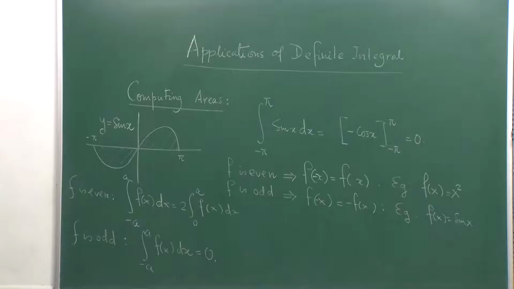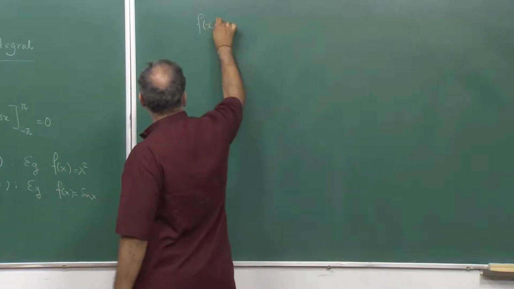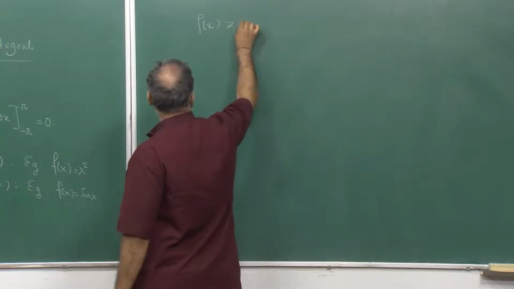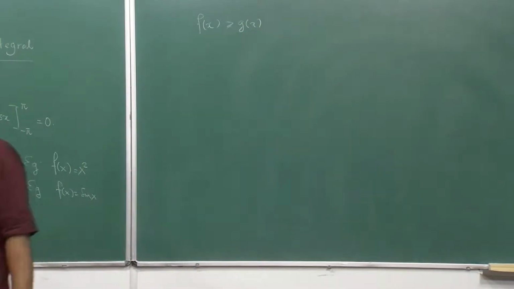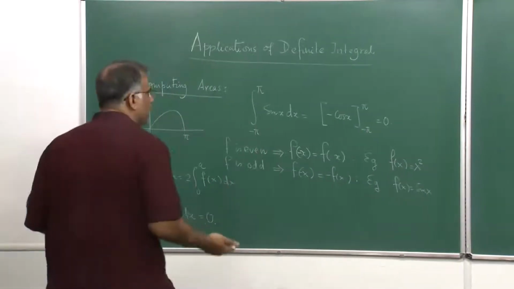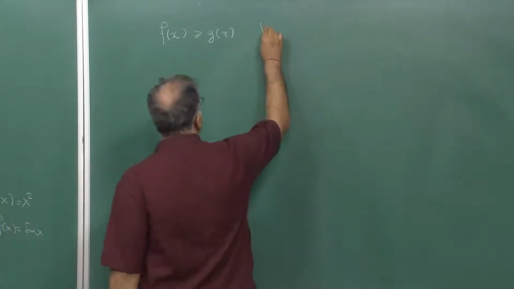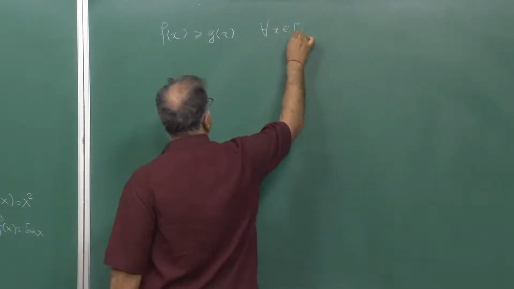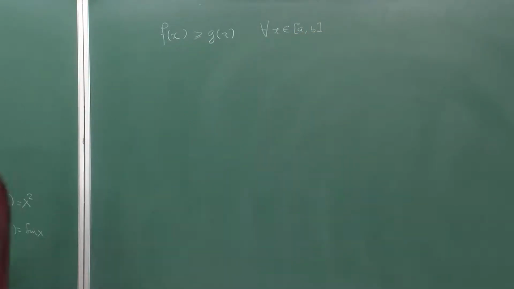Another very typical situation arises when you really have to look into the area between two curves. For example, if you have two curves f x and g x with the relation that f x is greater than g x at least on the given interval of integration, that is, for all x in A B. What is the area between the two curves between A and B?